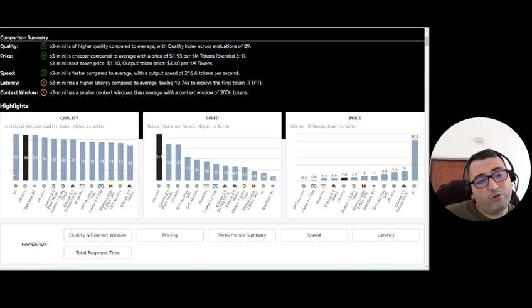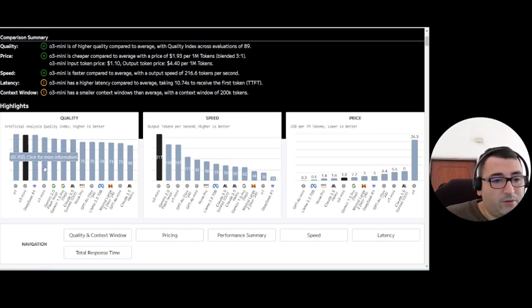The O3 Mini high level is the best out there, and I tried it, and it's really remarkable. But you can see the O1 is better overall than the O3 Mini. Then Deepseek is the next best model, and also free for everybody.